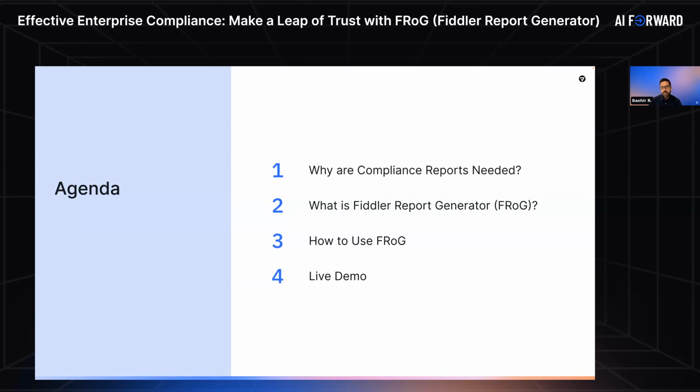Then I'm going to introduce the Fiddler Report Generator, and I'm going to provide some details about some of the design decisions and the architecture of this library. Then I will show you how you can use the FRoG library, and I will finish by presenting some live demos of the actual reports that you can get from some of the projects that are deployed on our demo deployment at Fiddler.